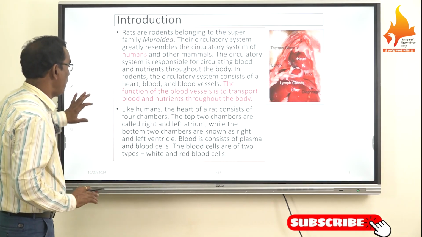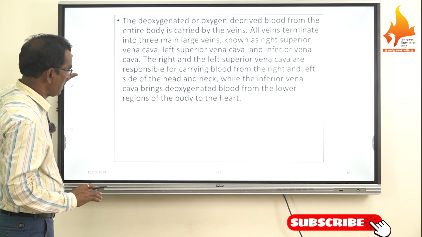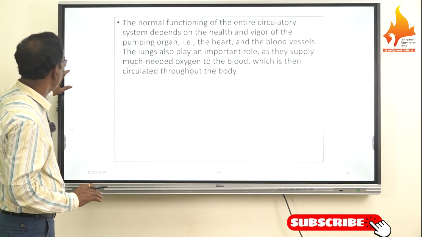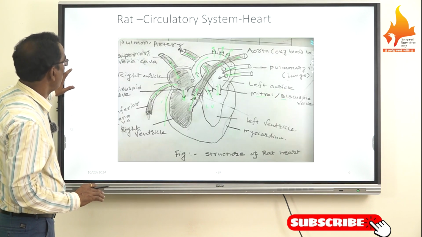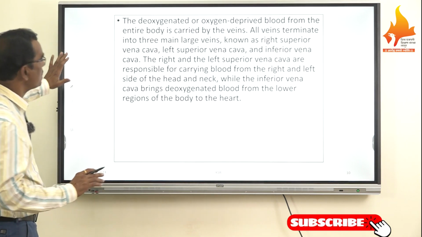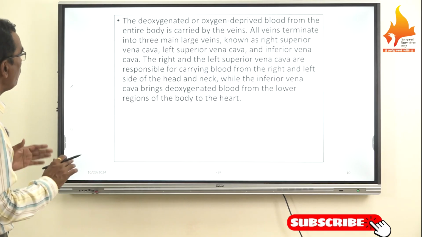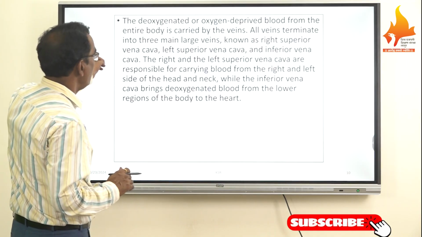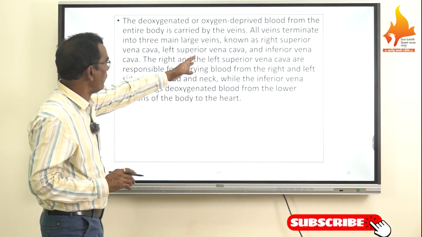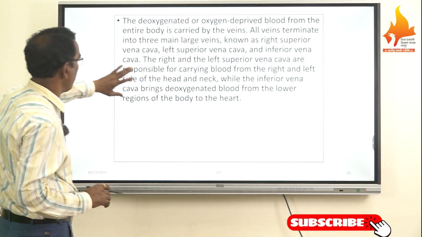So here, this is all about the structure of the heart, and if you observe the function, the deoxygenated blood from the entire body is carried by the veins. All veins terminate into the three main veins: right superior vena cava, left superior vena cava, and inferior vena cava.